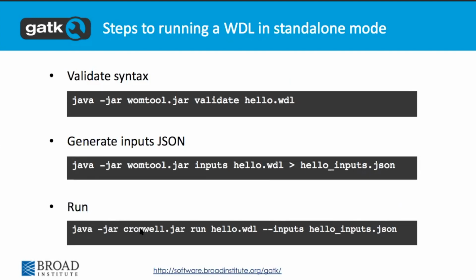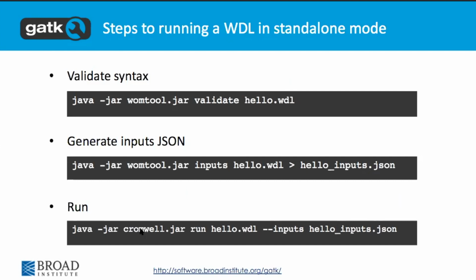So this is a very easy way to see if your WDL syntax is actually correct. So there's a separate tool that we can point you to, which you can run on your WDL. It will tell you if there's bugs, you fix the bugs, you run it again, and so on until you have no bugs.